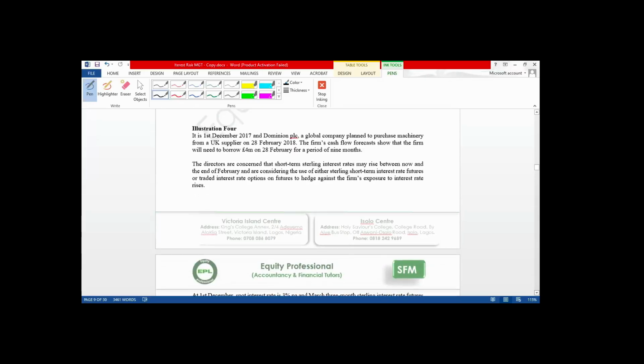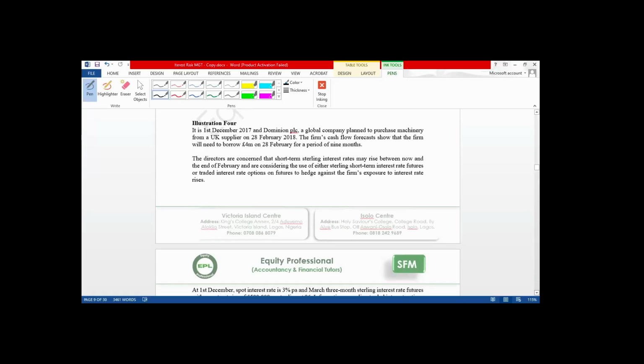Paragraph 2. The directors are concerned that short-term sterling interest rates may rise between now and the end of February.